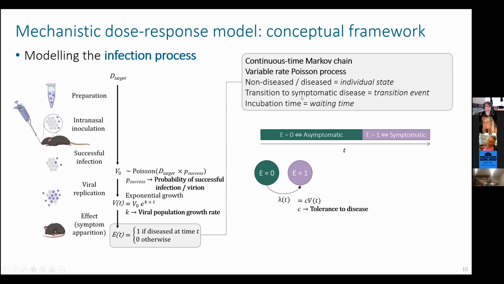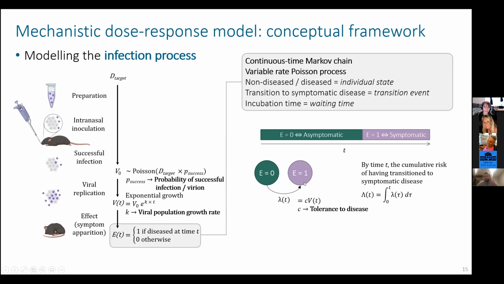So this mechanism that I described is a typical continuous time Markov chain, where we have a variable rate, because the rate of transition is varying with time, Poisson process. We have the disease states, non-diseased or symptomatic, asymptomatic, for individuals, and transition events corresponding to becoming symptomatic, with the incubation time seen as the waiting time.